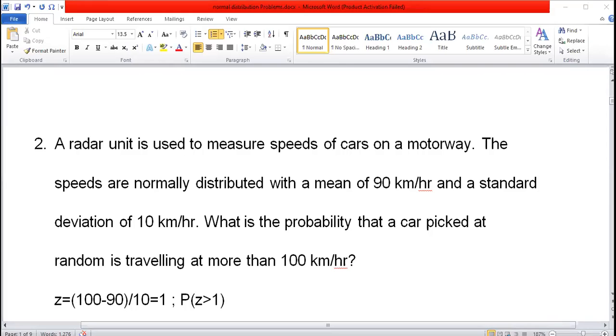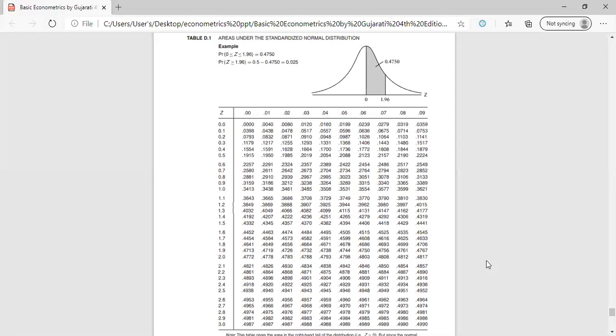Remember that. I'm going back to the table. Here is my table. Which area are you looking at? Let's say here is 1. To the right.